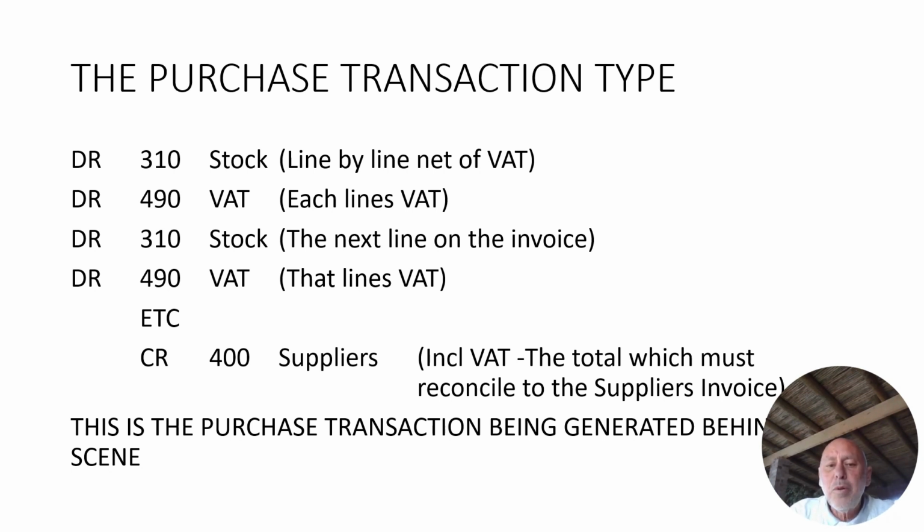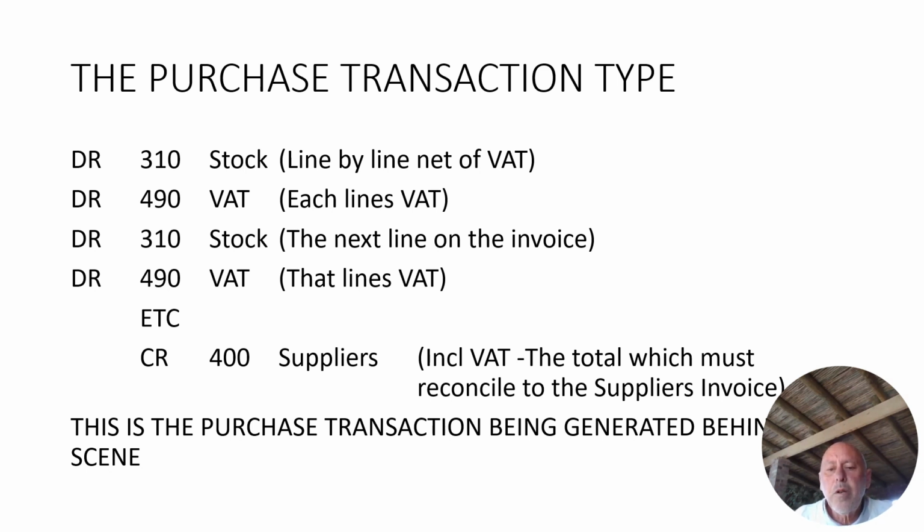So each time as you're putting stock into the stock account net of VAT, and you're raising the VAT for each line. Sometimes there's a slight difference because of your rounding with percentages that your supplier and yourself might disagree by a couple of cents. It's a minor problem. We're not going to go into it. And then obviously you're crediting your supplier with the total, including VAT.